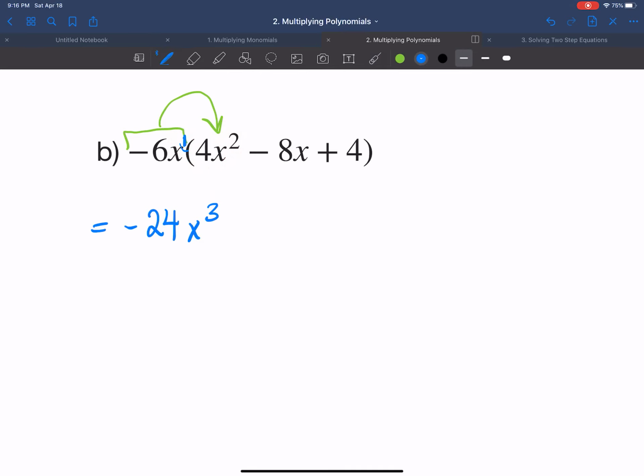Okay, now if I continue, this -6x times -8x. So -6 times -8, number times number. It's positive 48. X times x is x squared. Remember, I'm adding the exponents.